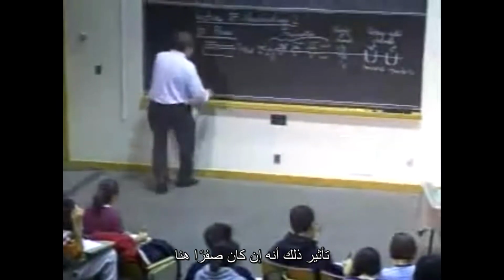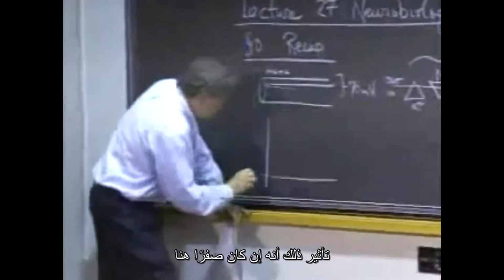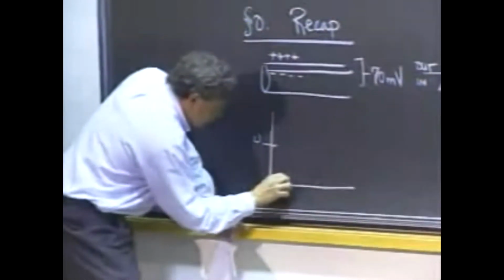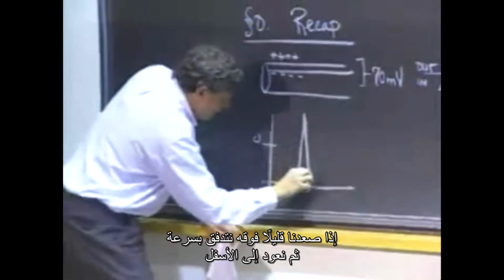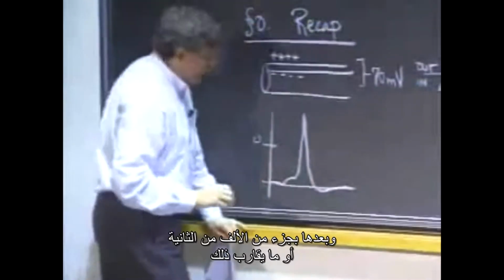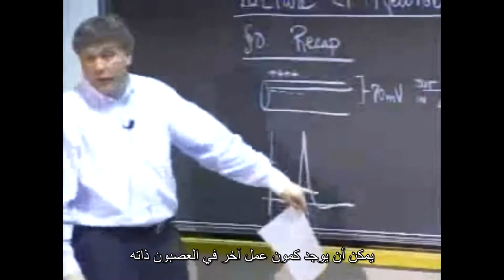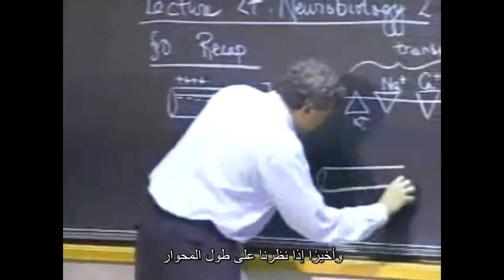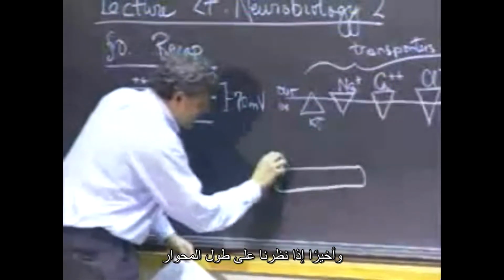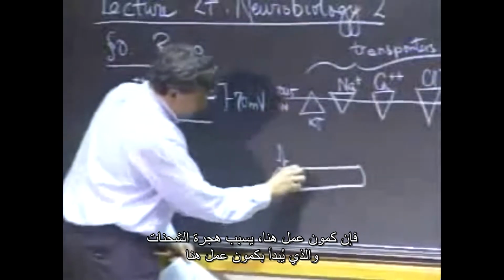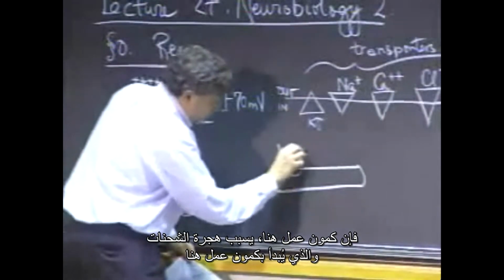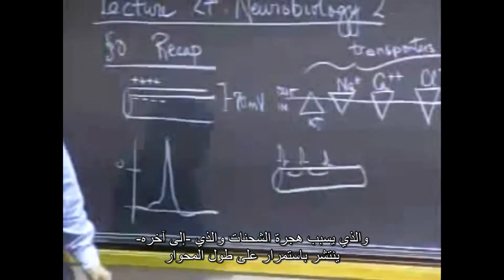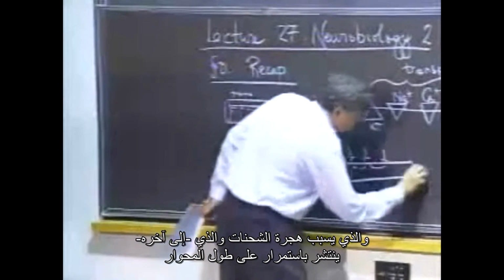The effect of this is that if this is 0 here, we have a resting potential. We're resting at it. If we climb up a little bit above it, we shoot up, and then we come back down. And then a millisecond or so later, another action potential could go down that same neuron. And last of all, if we look along the length of an axon, an action potential here causes charges to migrate over, which launches an action potential here, which causes charges to migrate over, which et cetera, propagates an action potential down the length.